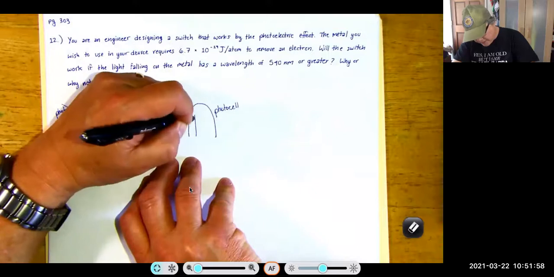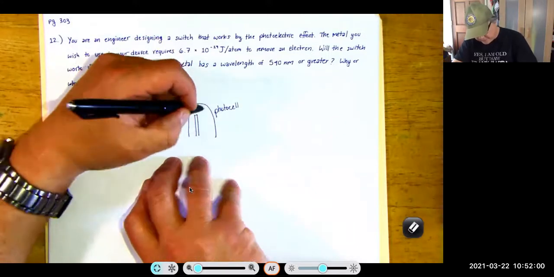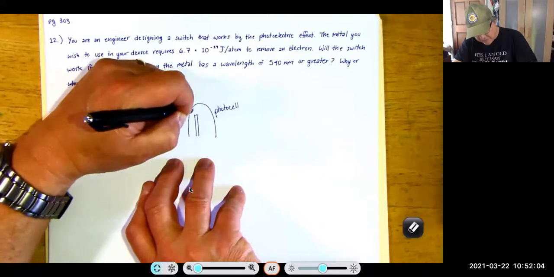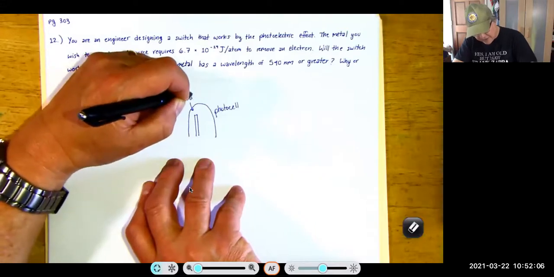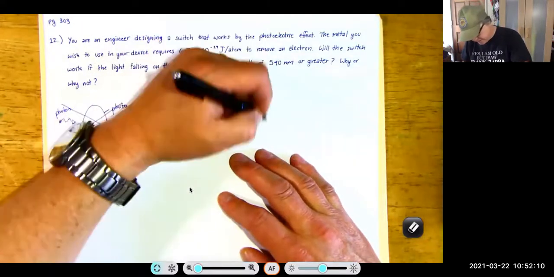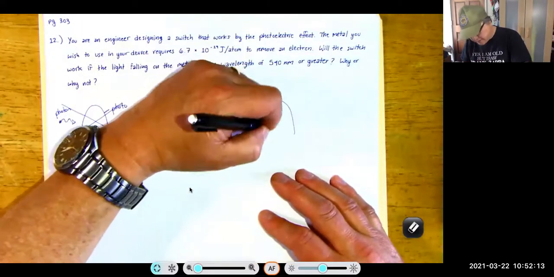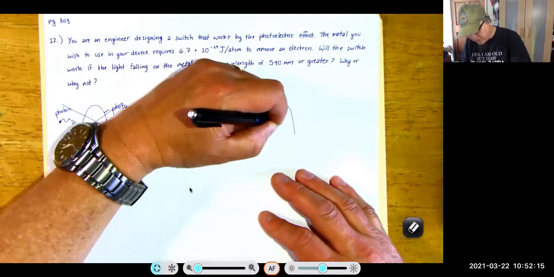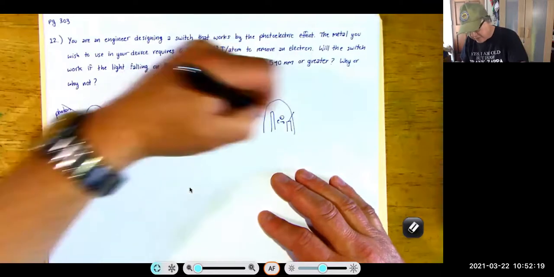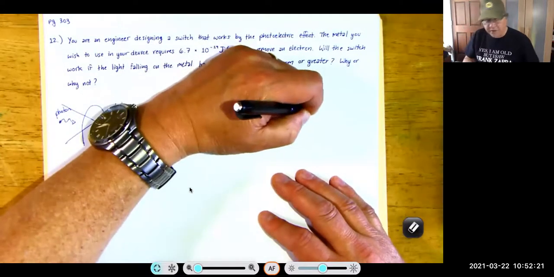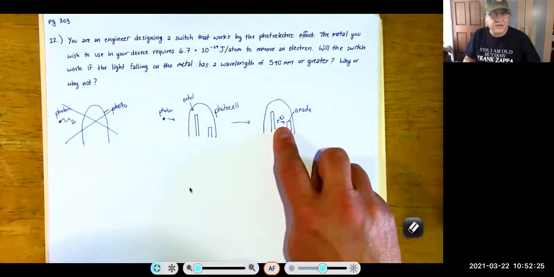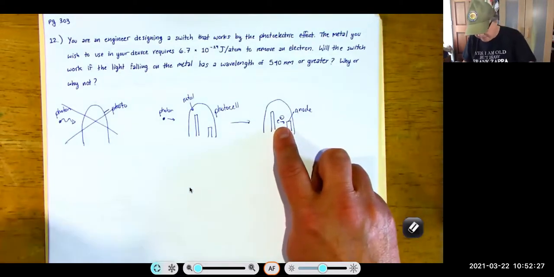And it's going to hit a piece of metal. So this is the metal. And when it hits the metal, an electron gets knocked off the metal and travels to the anode. Now, the anode is called the anode because it attracts the electron, which is kind of like an anion.